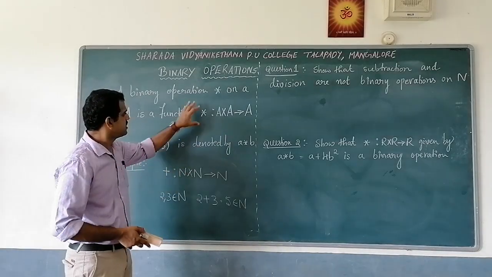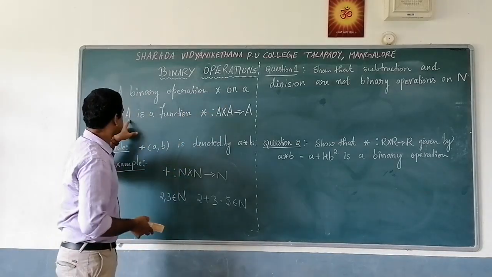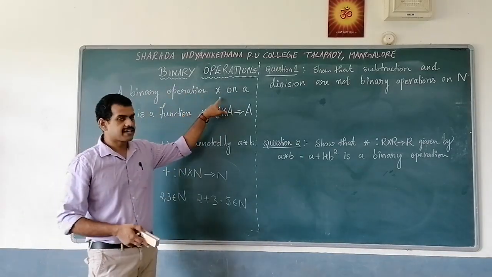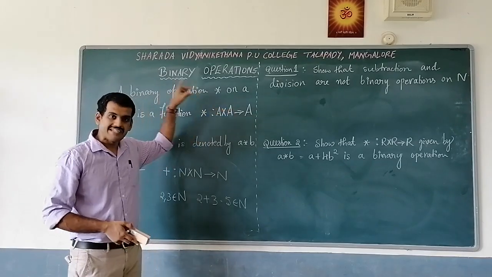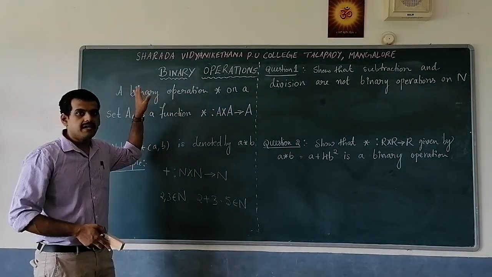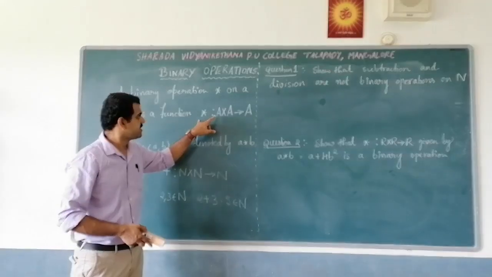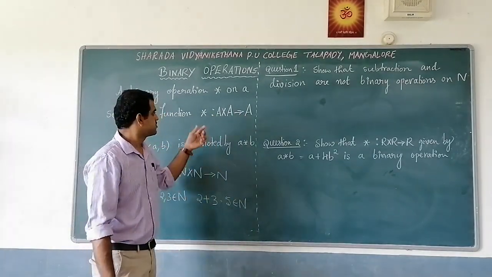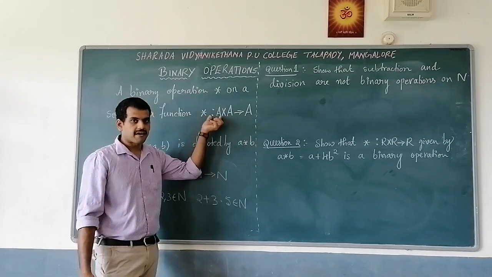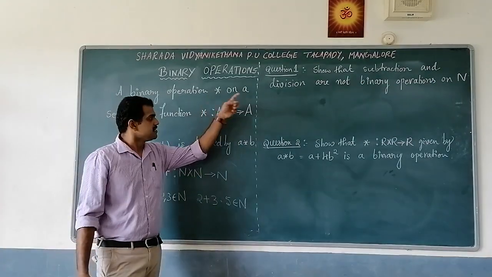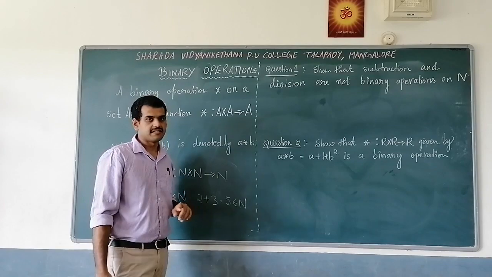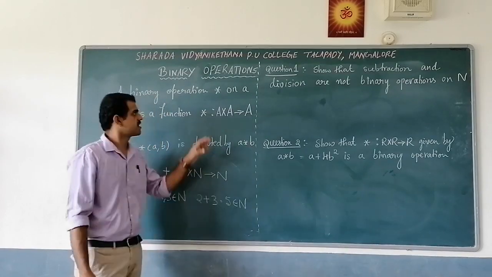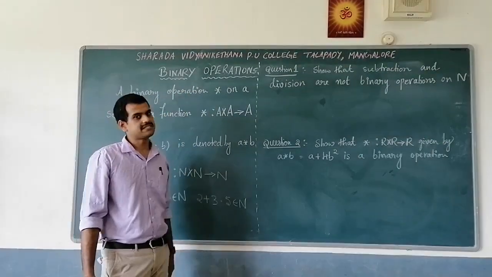So now in general, if you take any set A and take an operation star, then it is called a binary operation if it is a function. What happens in a function? In a function, for every pair of elements, there exists a unique element in the codomain. That should happen, right? So here also the same condition should be satisfied.